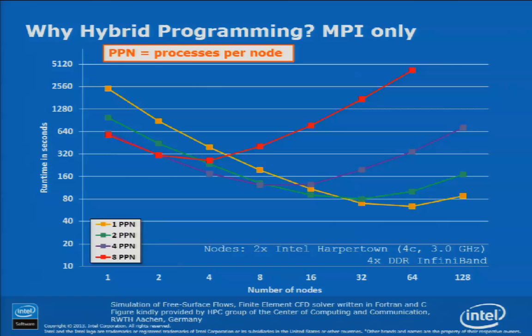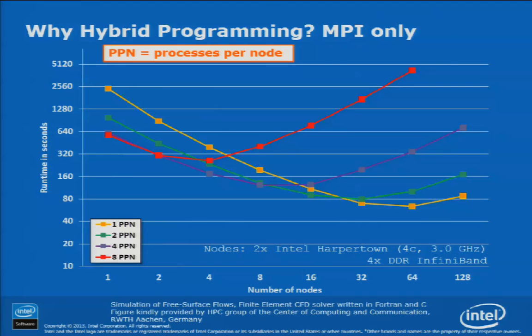And the reason in this particular case is that the MPI overhead is getting significant on the node, and the overhead is increasing with increasing core counts.